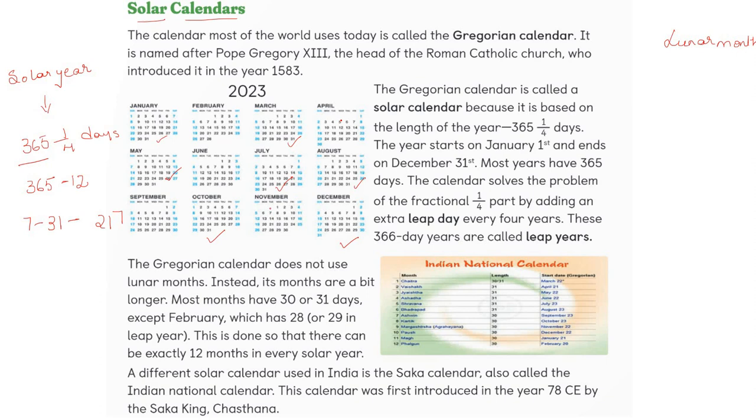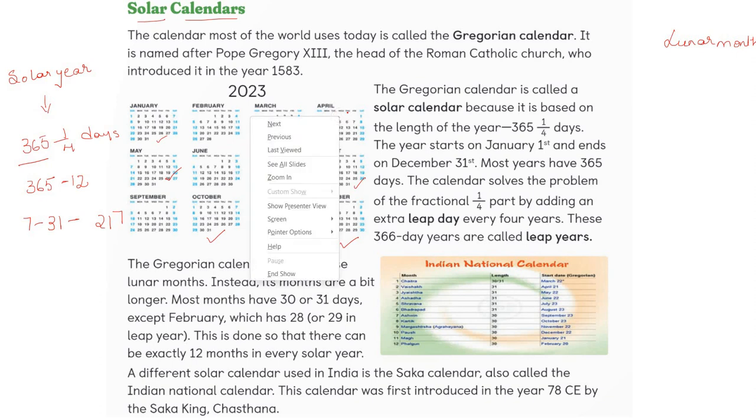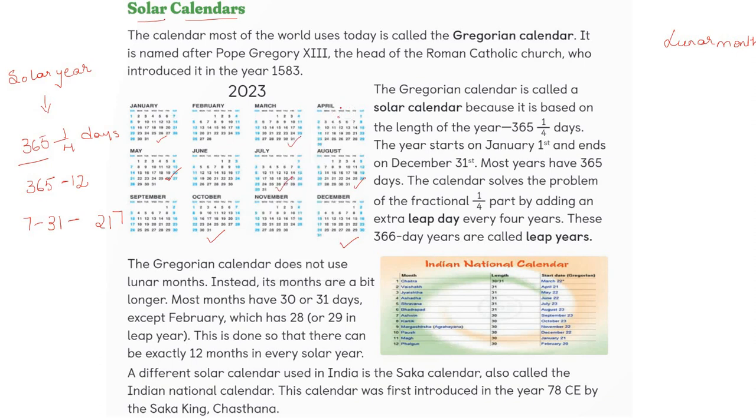So how many months, children, with 30 days? April, June, September, November.